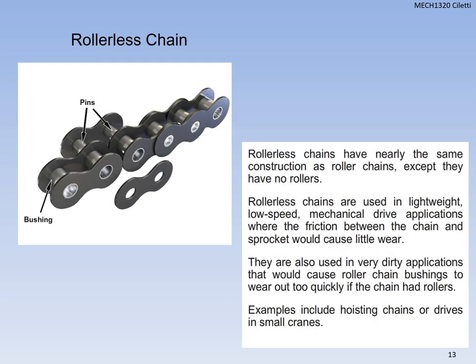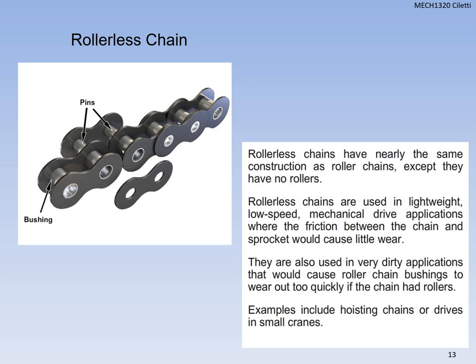A rollerless chain has nearly the same construction as roller chains, except they don't have the rollers. So these are going to have higher friction. Since they have higher friction, we want to use them in lower speed drives, where the friction is actually going to cause less wear than normal.